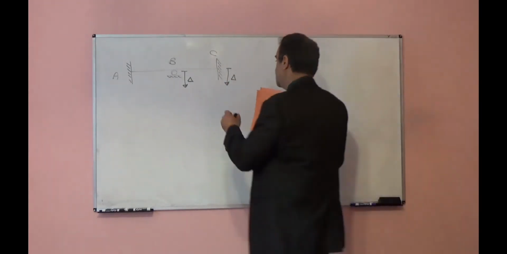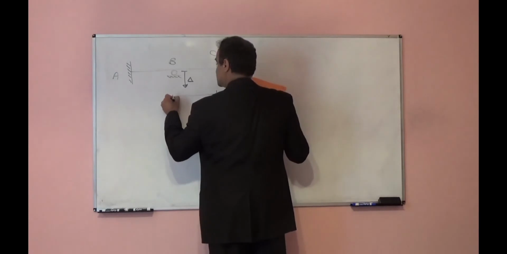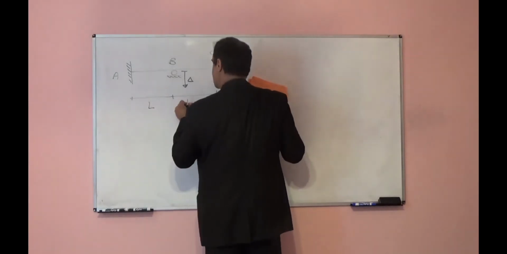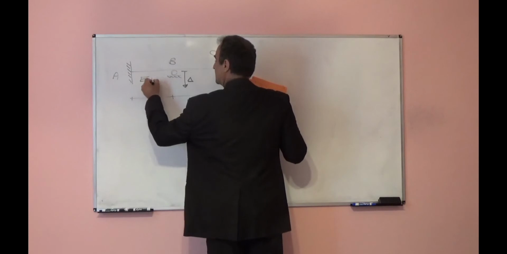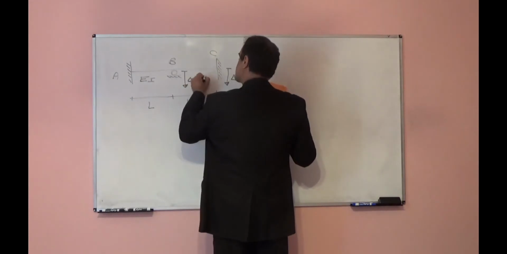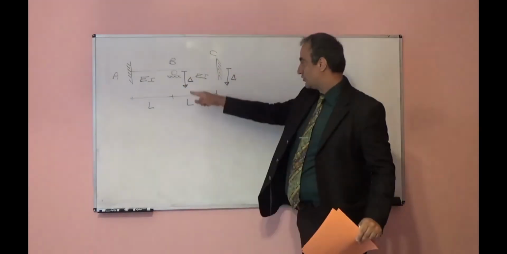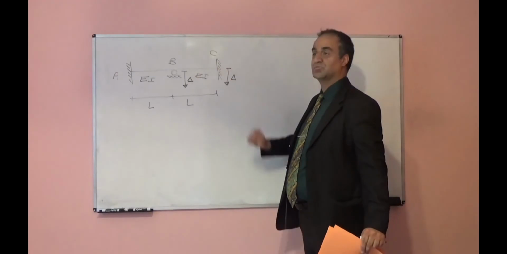The length of each segment is L, and EI is constant. We have settlement at support B and support C.